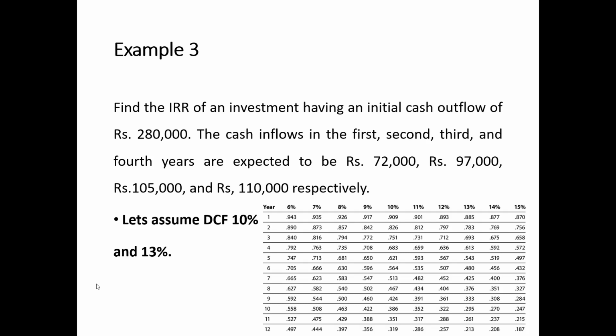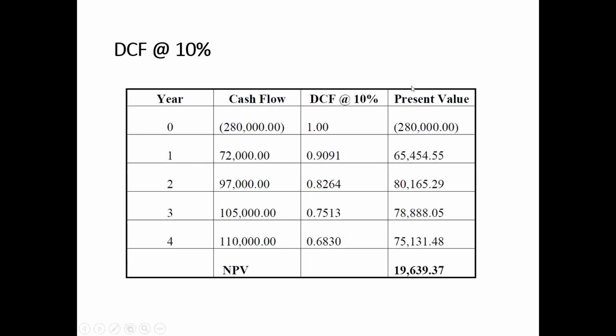Now let's calculate the discount factor for 10% and calculate the NPV based on that. So here, for discount rate 10%, the NPV value is 19,639 and 37 cents.